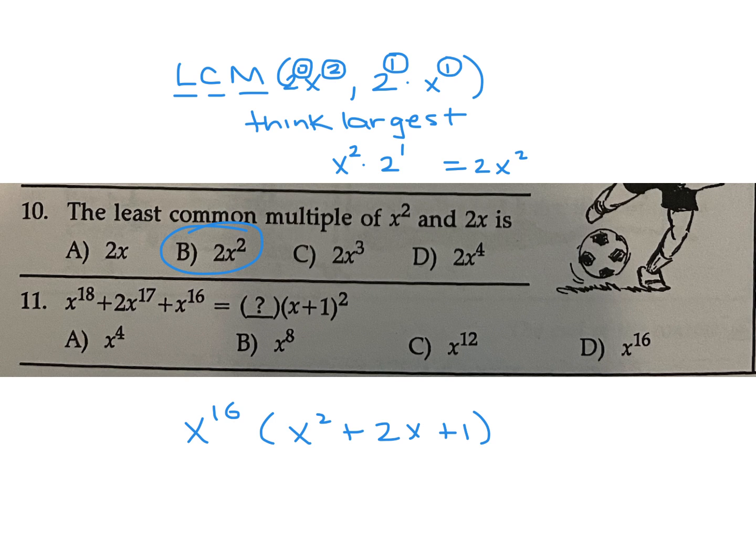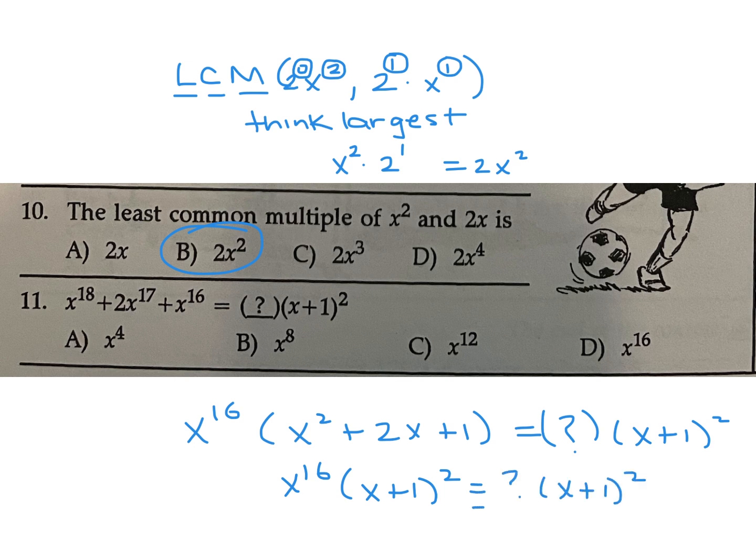And then you got this side, this question mark, and then, in the bracket, I believe, is x plus 1 all squared. So therefore, that question mark is just x to the power of 16. So therefore, number 11 is D.